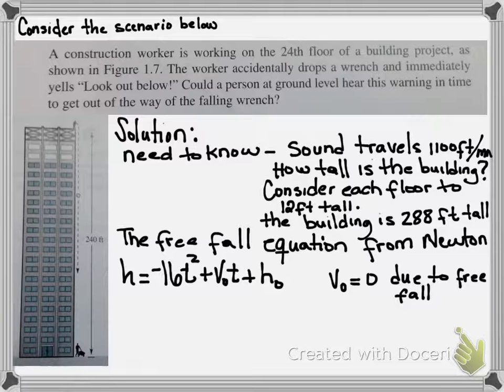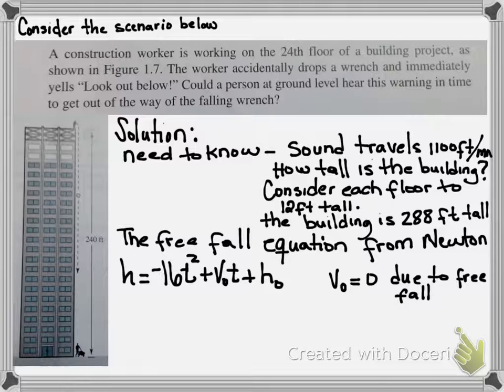Now, ladies and gentlemen, we know our information. Due to free fall, v naught, the initial velocity, is 0. It was not pushed, it was not thrown, it just happened to fall. Gravity.